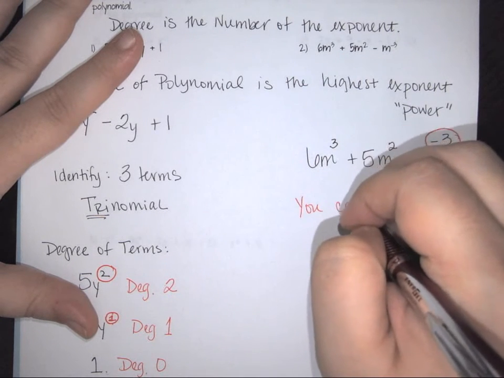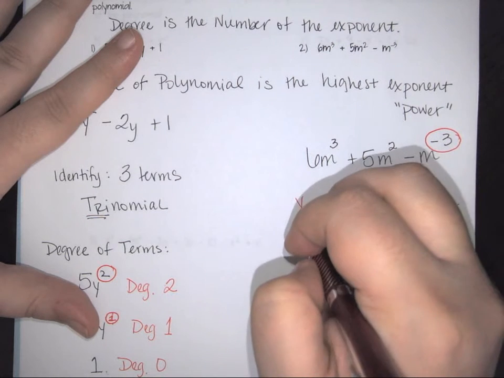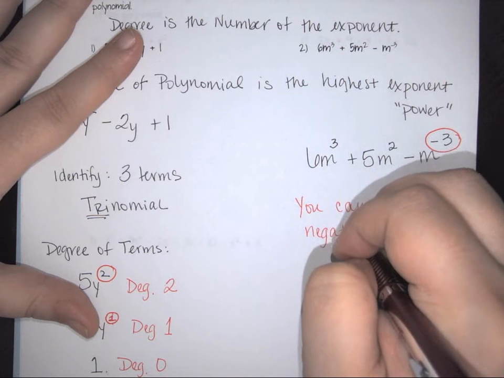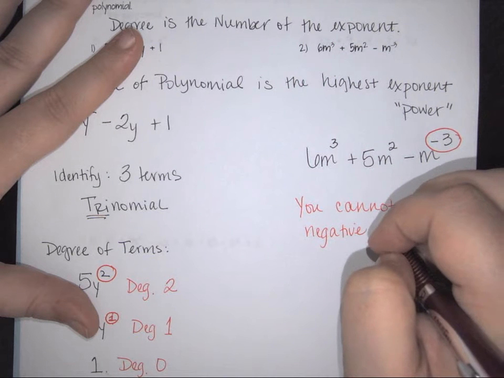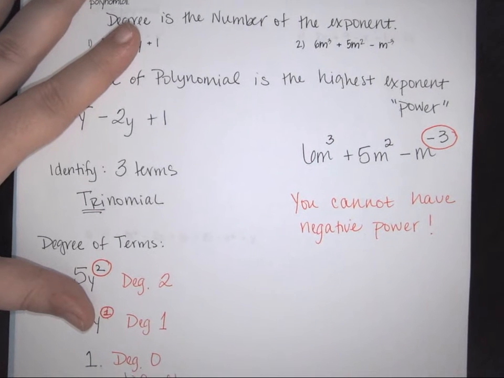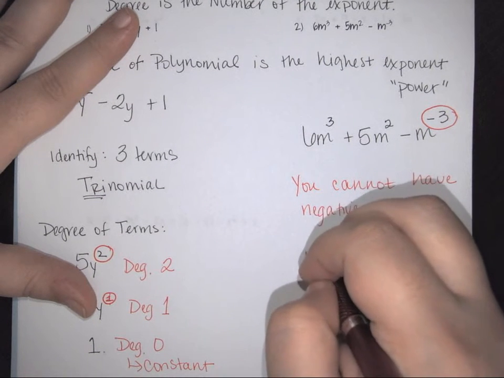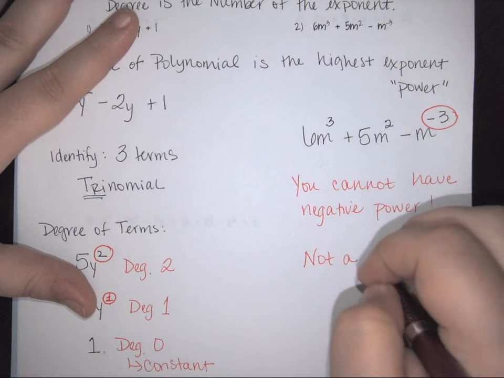You cannot have a negative power. Therefore, this is not a polynomial.